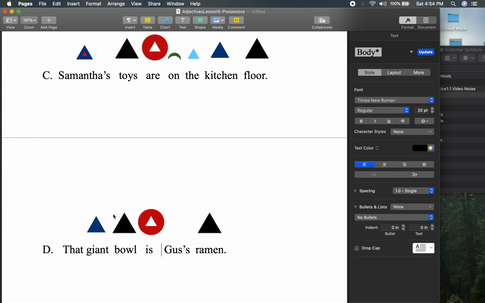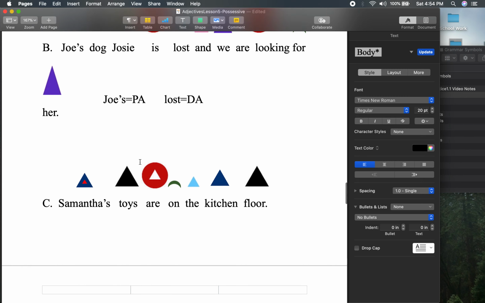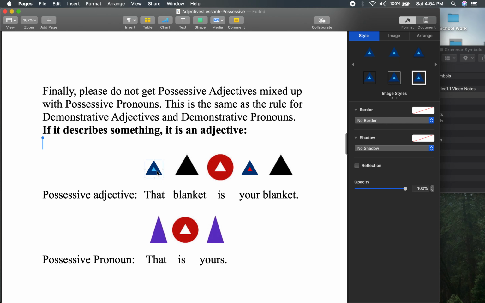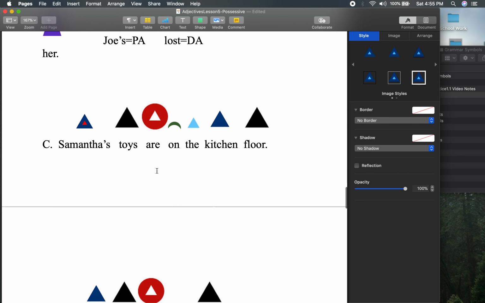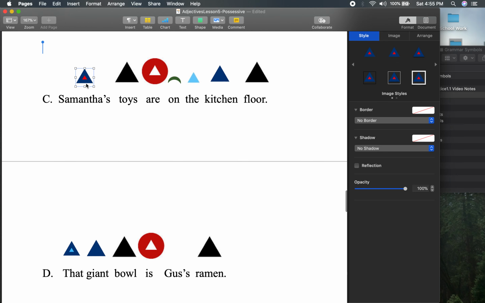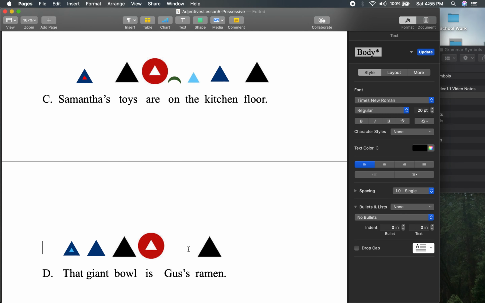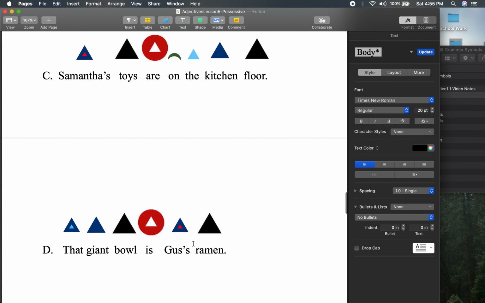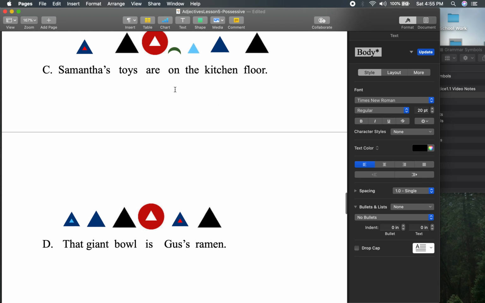That giant bowl, that, my friends, is a demonstrative adjective. And Gus's, of course, is our possessive adjective. Notice Gus's, it ends with S, but I made it possessive with the apostrophe S.